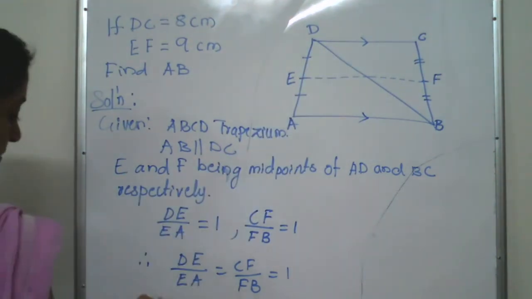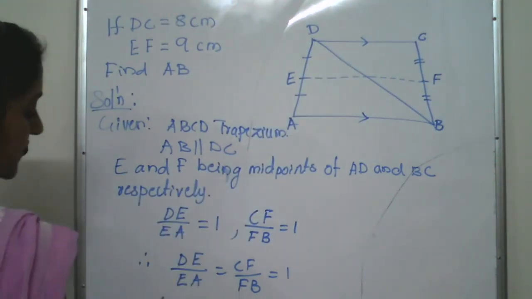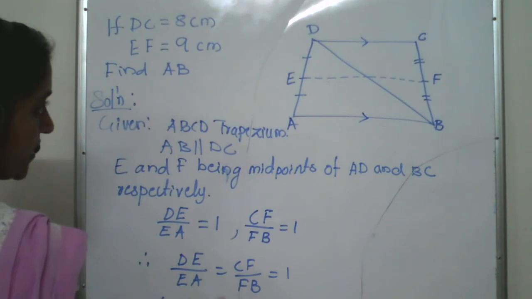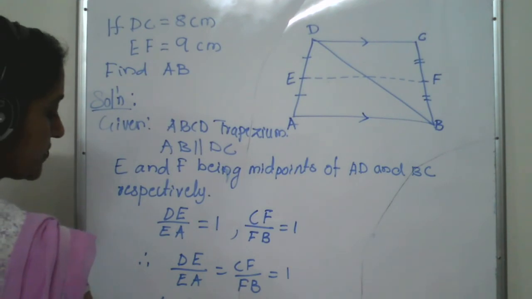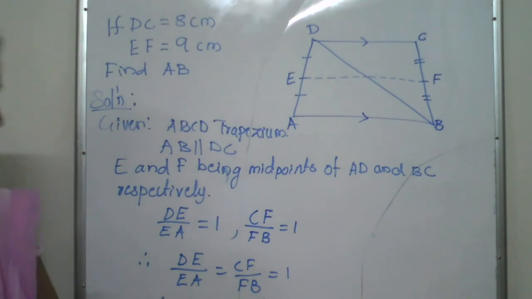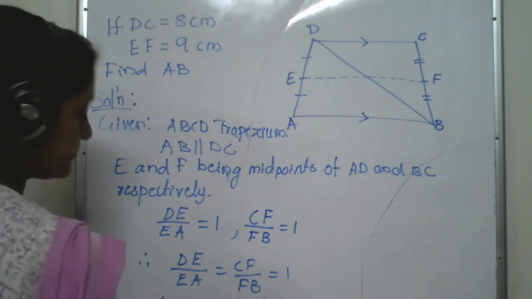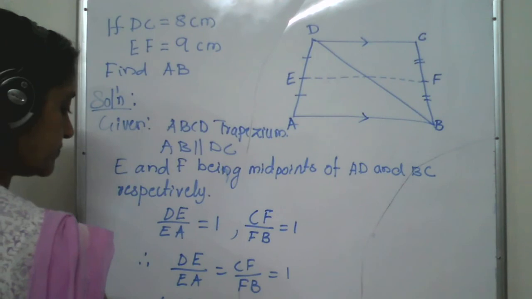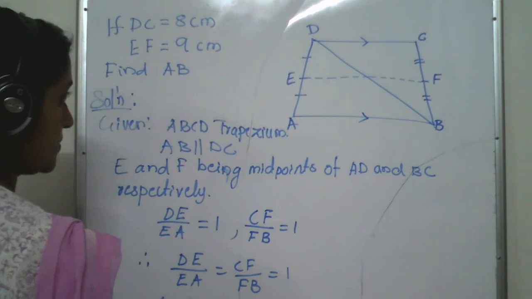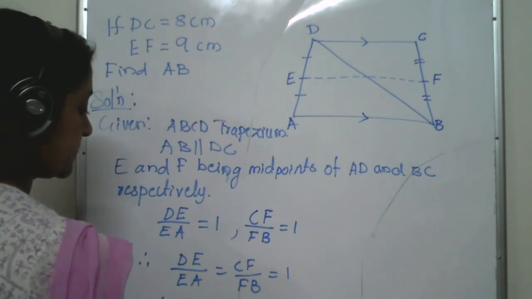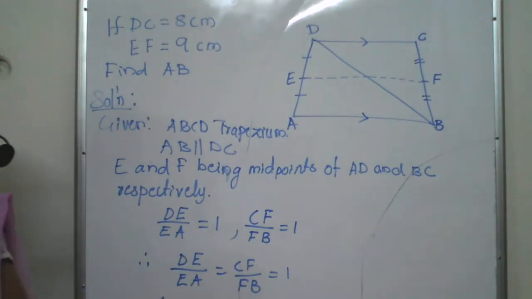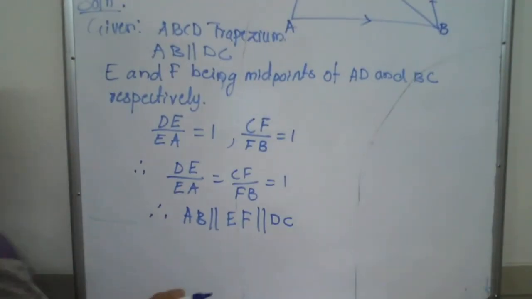But here we can say AB is parallel to EF, which is parallel to DC. Here these three are parallel now. If they are parallel, what will happen?